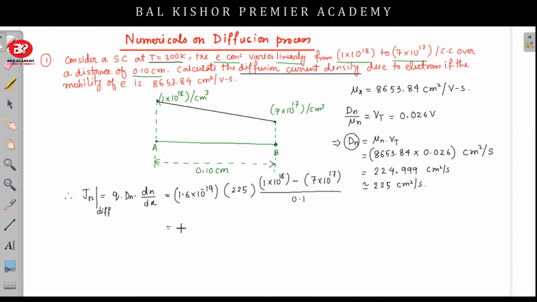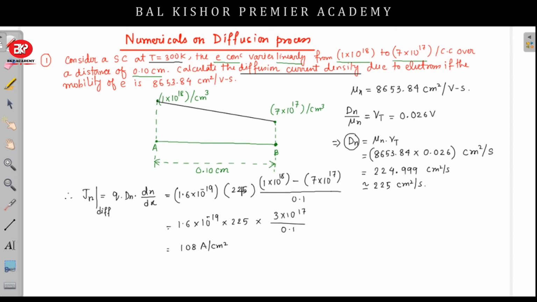If we calculate this, it will be 1.6 into 10 to the power minus 19 into 225 into 3 into 10 to the power 17 divided by 0.1. After calculating the total value, we find that it will be 108 ampere per centimeter square. In this way we can calculate the value of Jn diffusion.